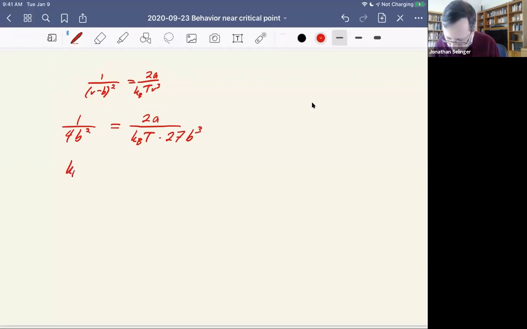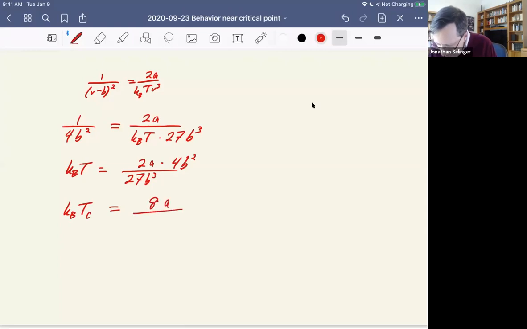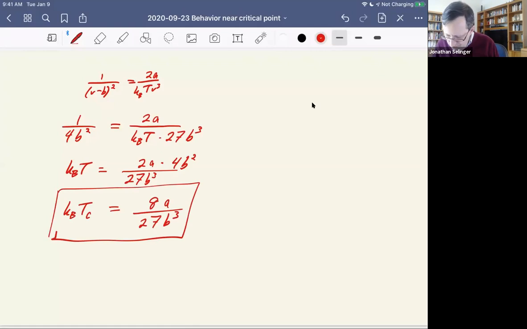Okay, so kt is 2a over 27b cubed times 4b squared. So k times Tc, the critical temperature, is 8a over 27b. Okay, so that's another result.